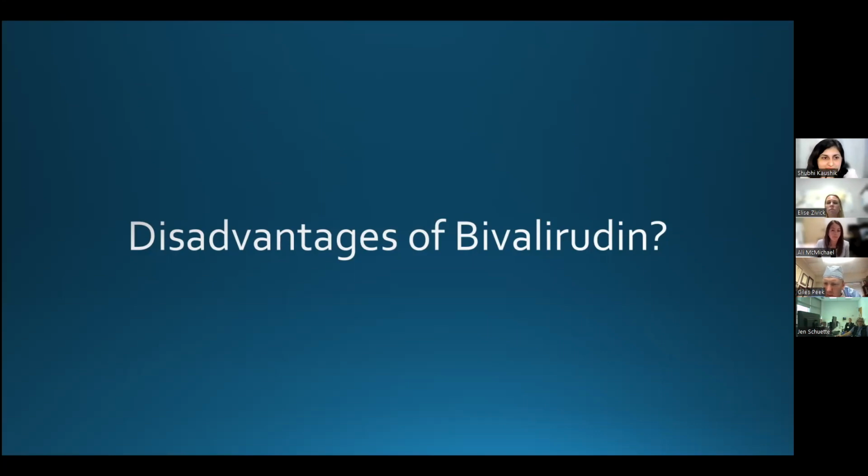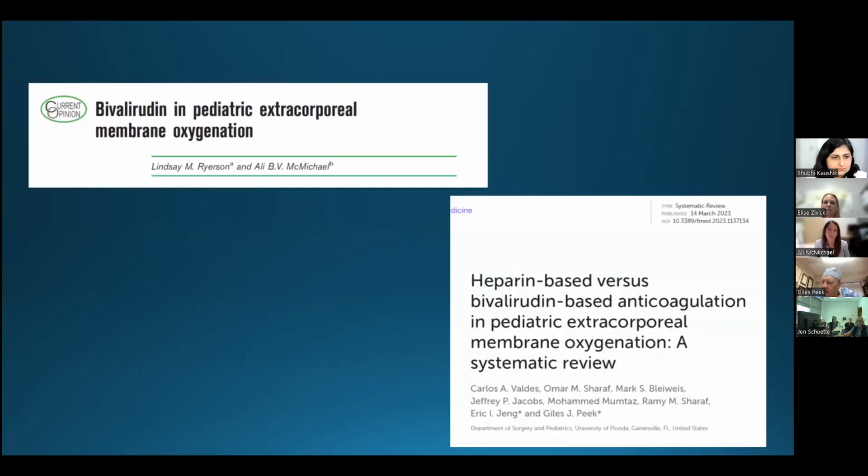I would agree with most of those things. I think in terms of the cost, though, look at the tests that everybody does when the patient's on heparin. They may be doing ACTs every hour.